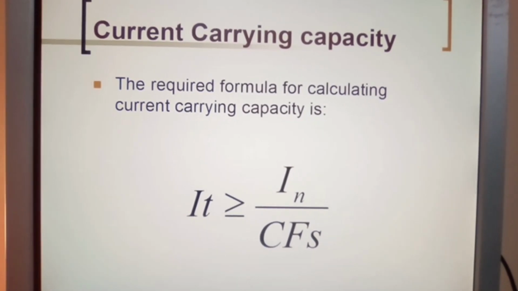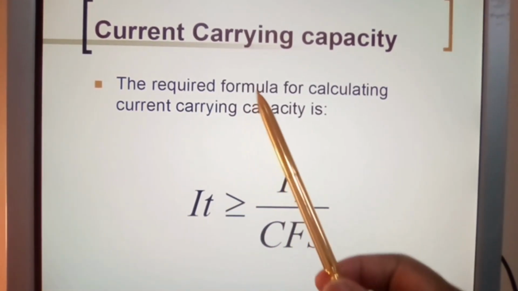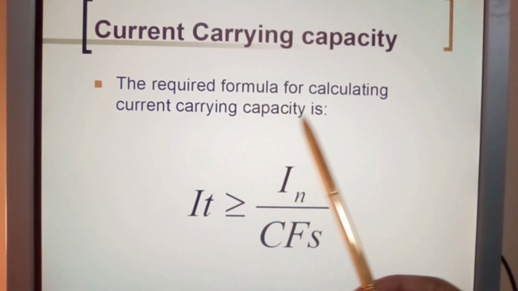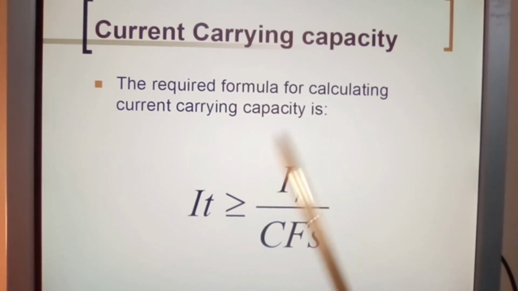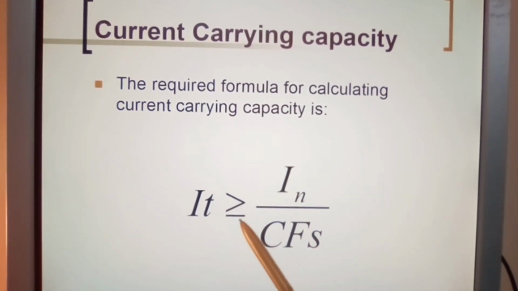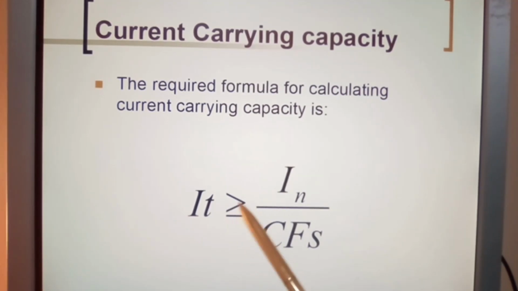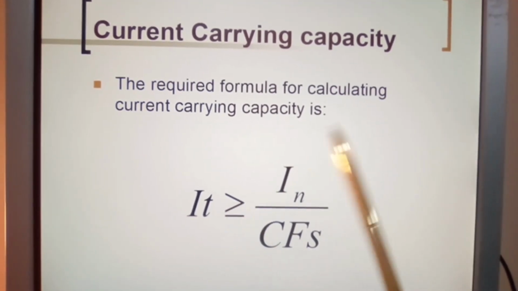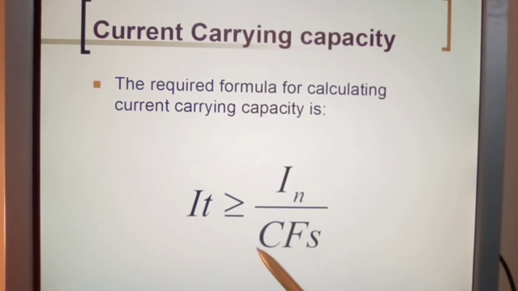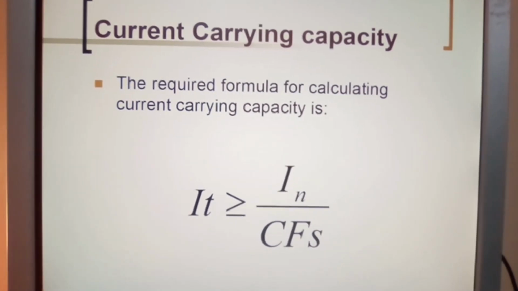Current carrying capacity. The required formula for calculating current carrying capacity is IT greater than or equal to IN over correction factors CFs. Don't forget, these are your correction factors.